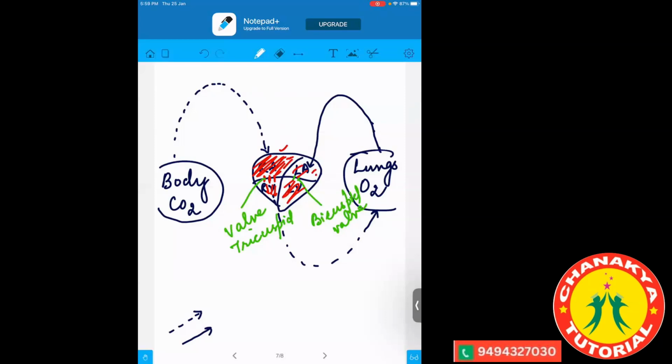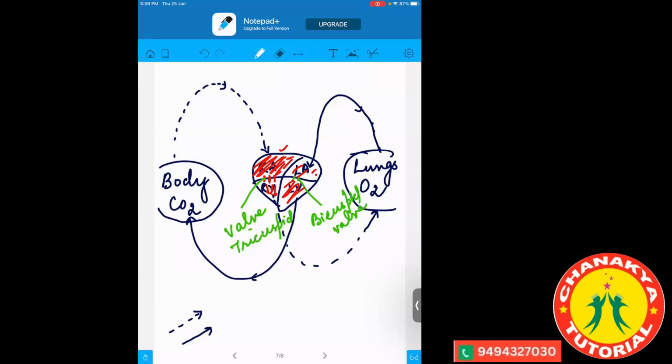Once the left ventricle is full of blood, where does it go? Directly to the body. Once it reaches the body, again it becomes deoxygenated, and the same cycle keeps on moving.